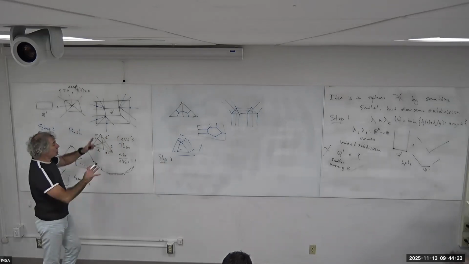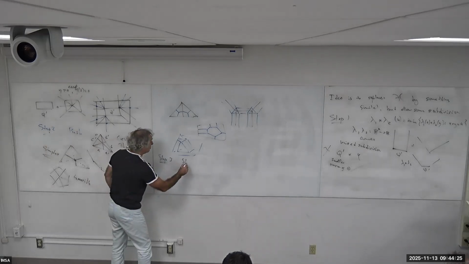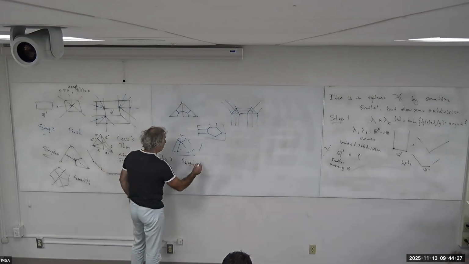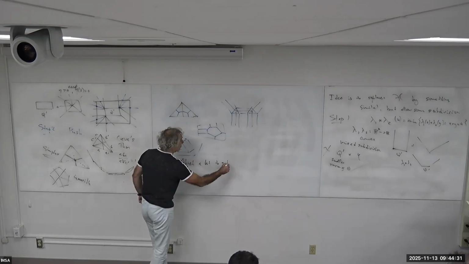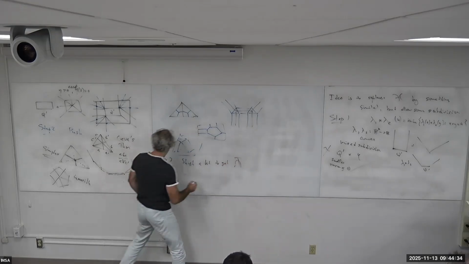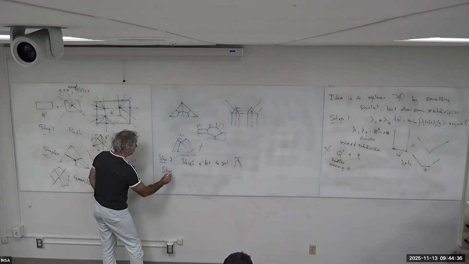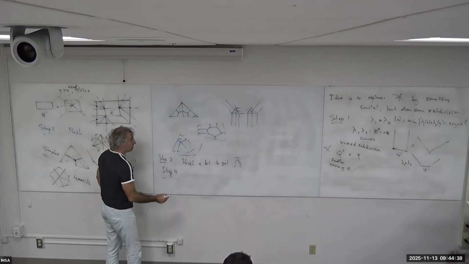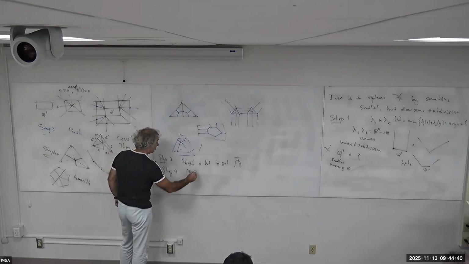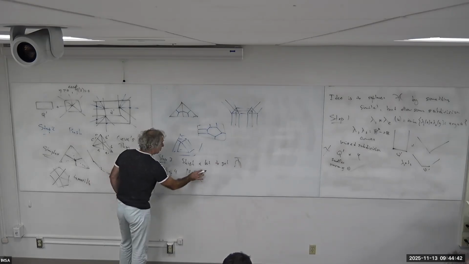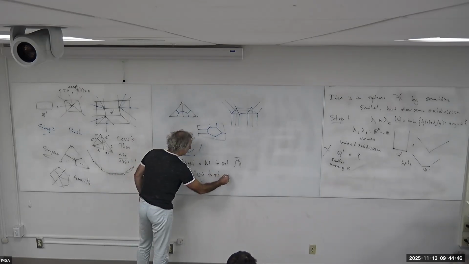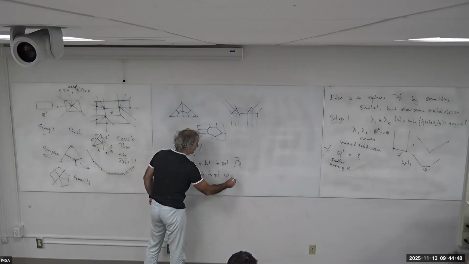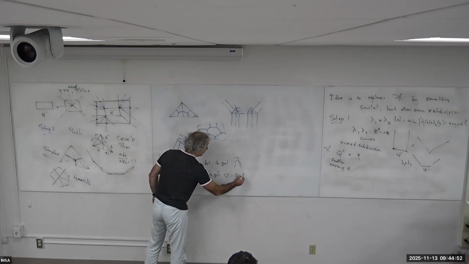Step 3 is to shift the Q a little bit, to get transversality, and step 4 is to do the modifier to get smoothness, to get phi, which is smoothing, so we can do that.